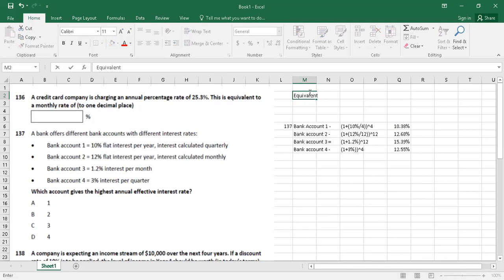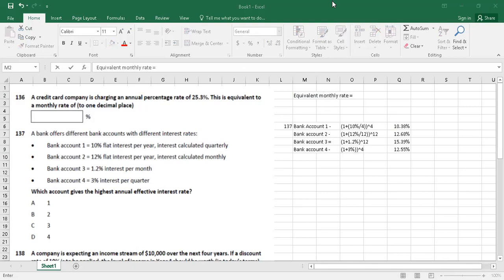Which one would be the right answer? So it will be, which bank? The highest annual.